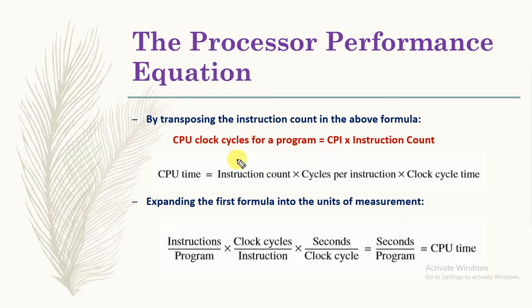So CPI is equal to CPU clock cycles divided by instruction count, and the same formula is transposed. The total CPU clock cycles for a program is equivalent to cycles per instruction times instruction count. All these are used for processor performance evaluation. Now the total CPU time is equivalent to instruction count times cycles per instruction times clock cycle time.